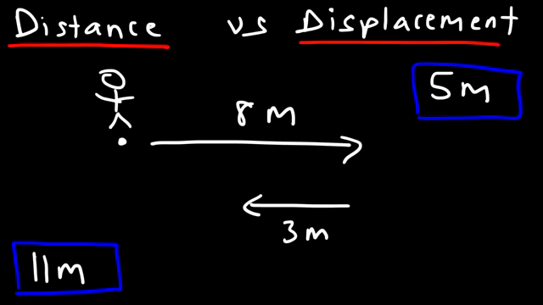Displacement is the difference between the final position and the initial position. So let's say we have a number line, and this is position 0. John traveled 8 meters east, so now he's at position 8 on a number line.